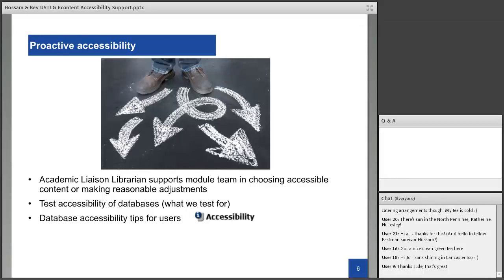If the content within the database is not accessible, we look at what alternative we can offer. Wendy, who's one of our librarians and is here with us, once asked me to check a database to make sure that students who have an activity to do can access the database and perform that activity. That's something we test for.